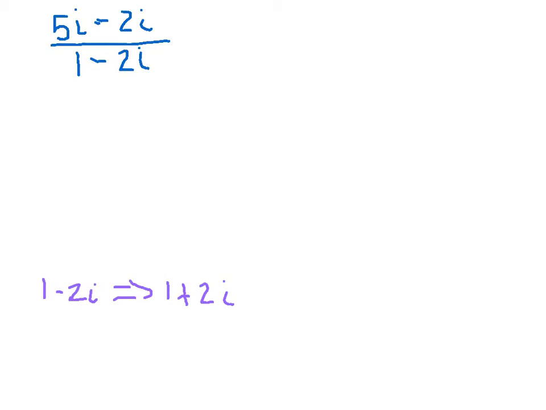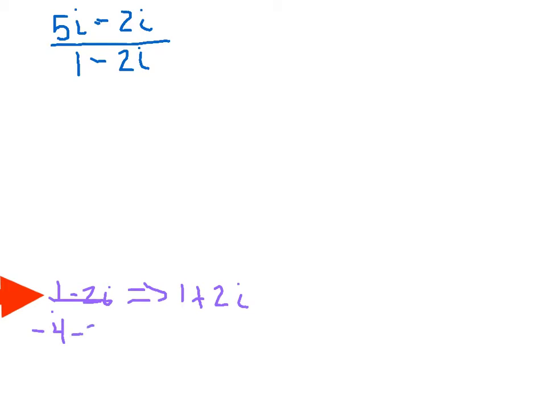A complex conjugate means the numbers are the same, but the sign changes. If I have negative 4 minus 3i, the complex conjugate is negative 4 plus 3i.